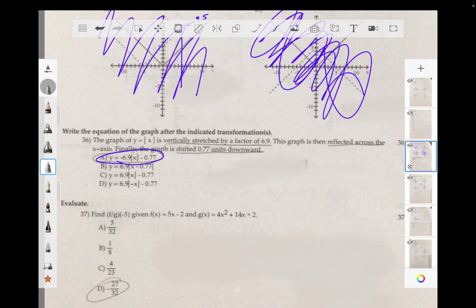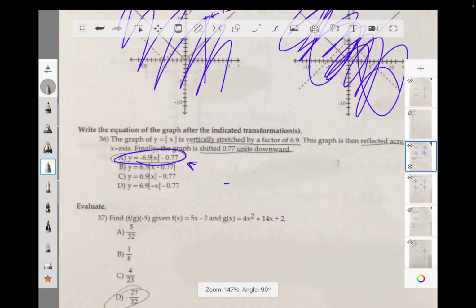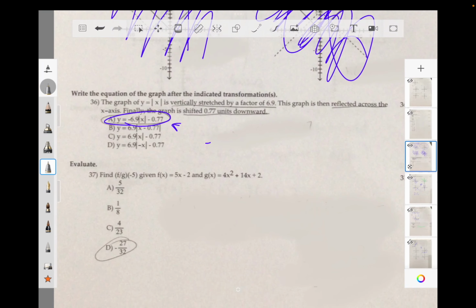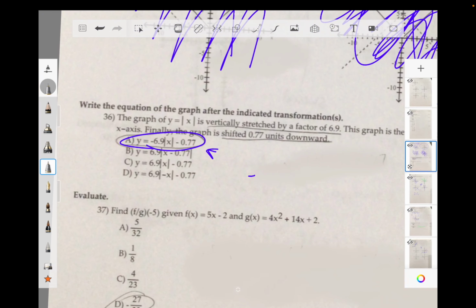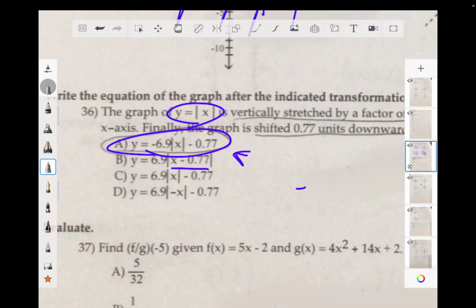Flipping across the x-axis, you're multiplying by negative, and shifting upward is positive, shifting downward is negative, so you're subtracting 0.77 and not adding 0.77, so it'd be that one. And originally it's y equals absolute value of x, so you don't add to the absolute value, you keep it outside of it.